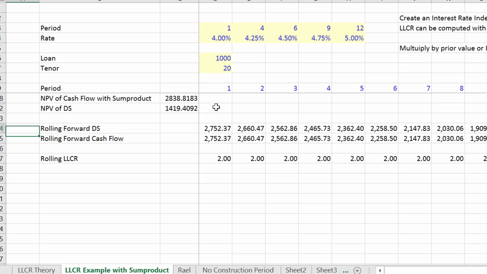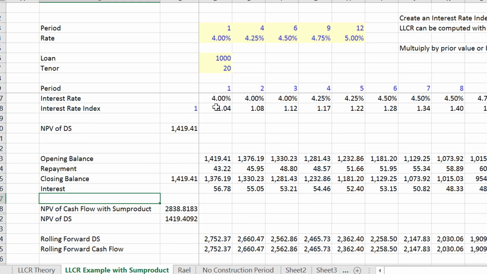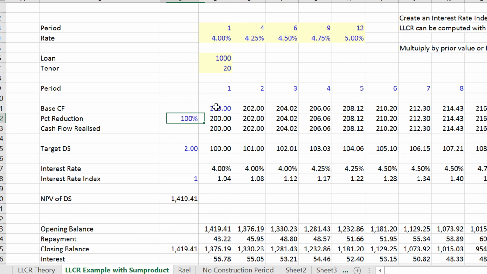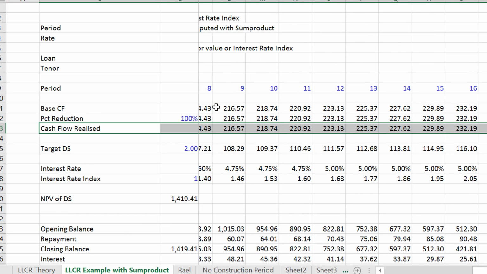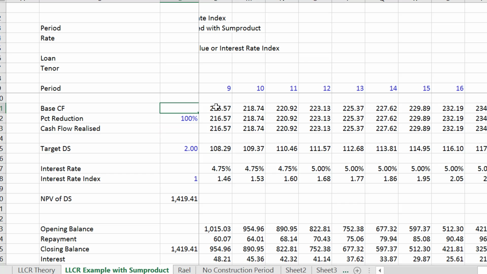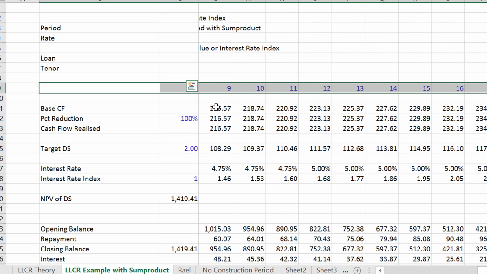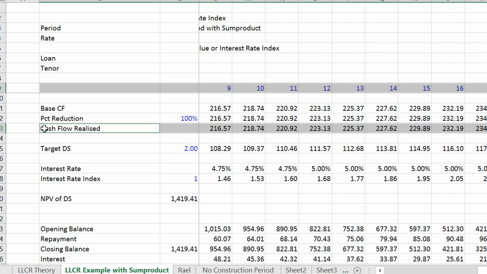Now, what we really should do, I suppose, is take a graph of the cash flow realized. Shift F8, put the cash flow realized. Shift F8 again, and then hopefully get our debt service.